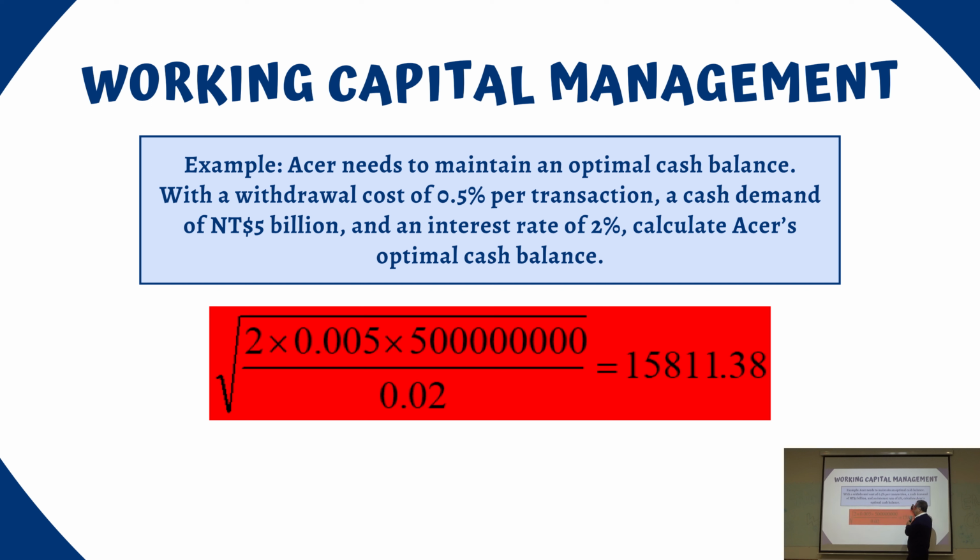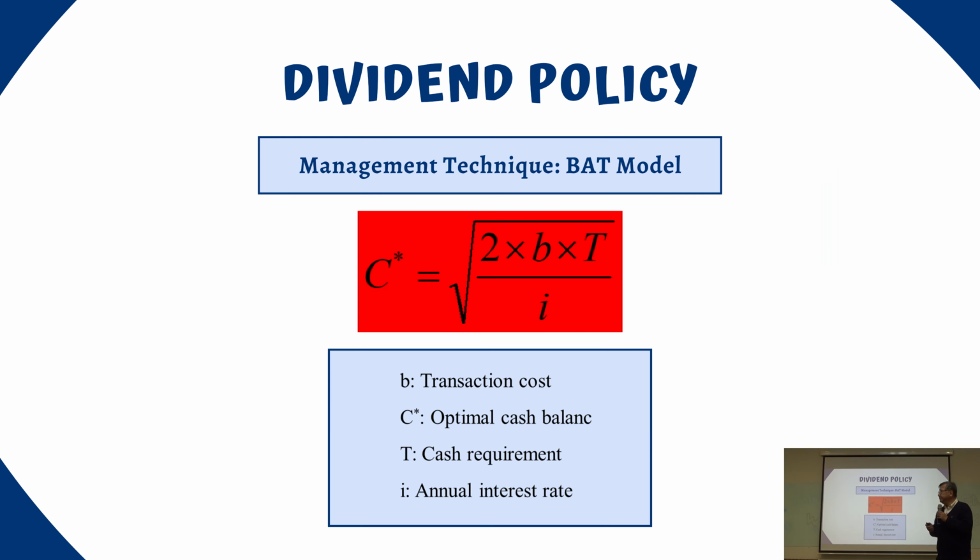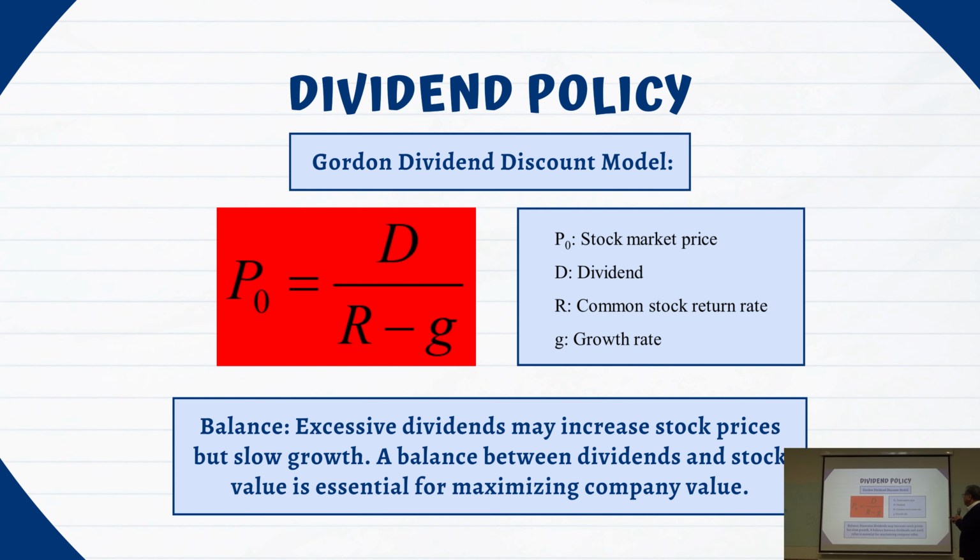You can calculate that you have to have this much money in hand most of the time, which is $15,811. So you do the same thing. You can even calculate the BAT model. That's something we will talk about.